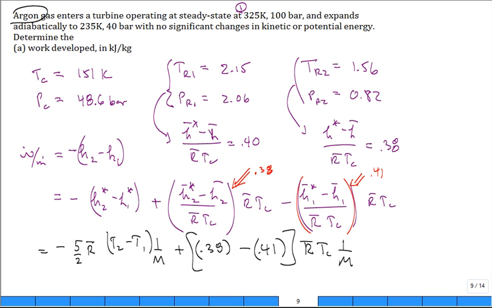And my calculations show that this entity right here is .8, and you subtract off 0.6, not much of a correction, to get a final answer of the work the turbine produces: 46.2 kilojoules per kilogram.